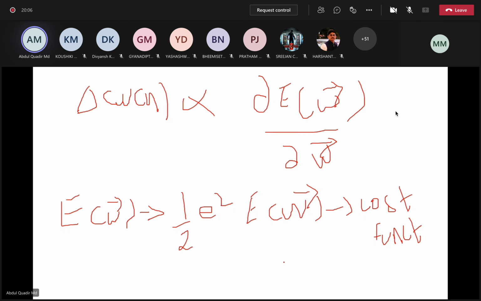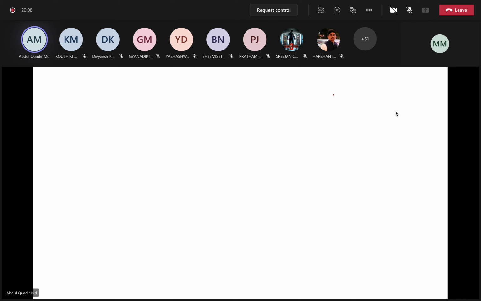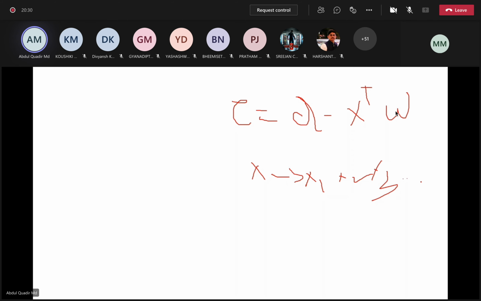Okay, so we also know that E equal to, it is the target, right, minus X transpose into weight. So what is this X transpose into weight? What is X? This is X1, X2, X3 till Xn. What is this W? Weights, right?